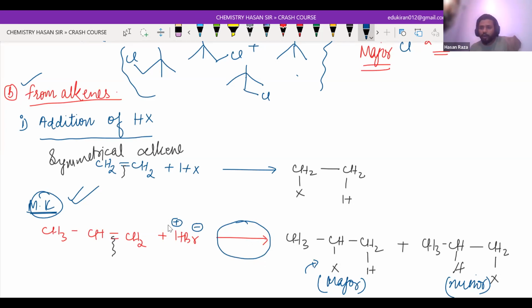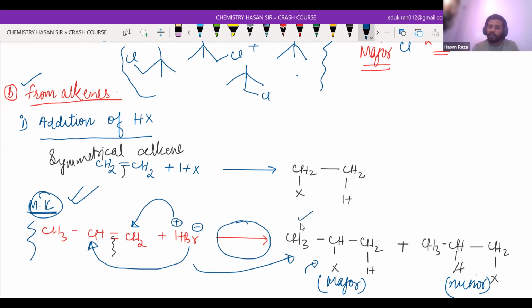So bromine is more electronegative, that's why there is negative charge. So according to Markovnikov, the negative part of the addendum will go to that carbon which has lesser number of hydrogen, and the positive part will go to that carbon which has greater number of hydrogen. And according to this, you will get this product. That's why it is major. Is that clear?